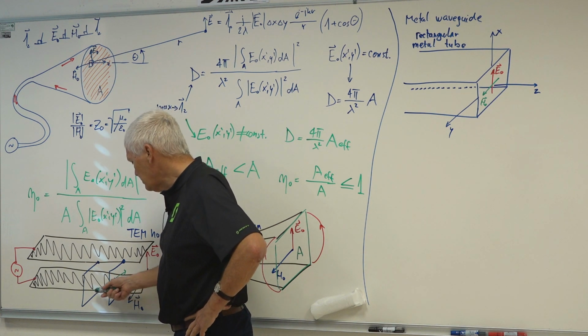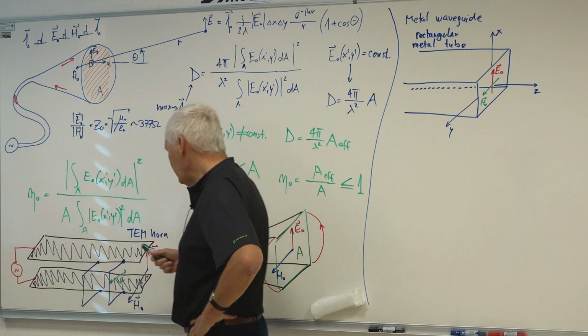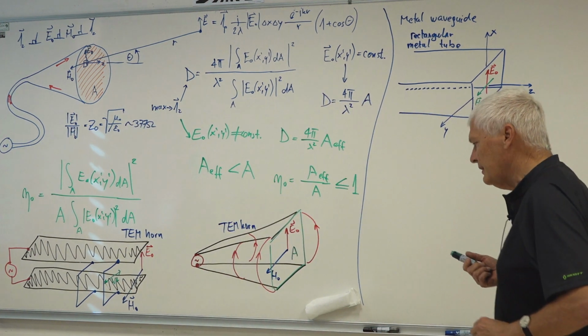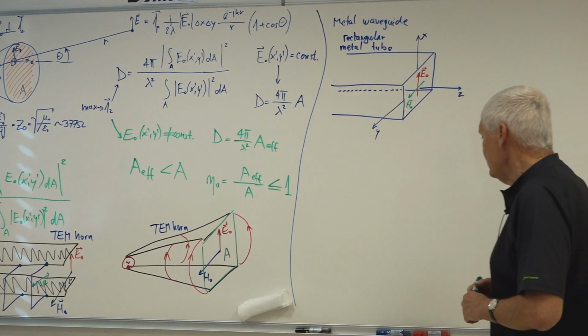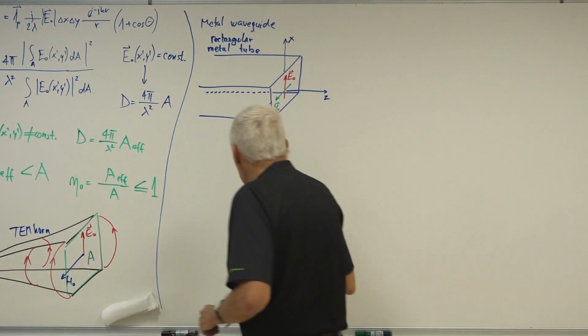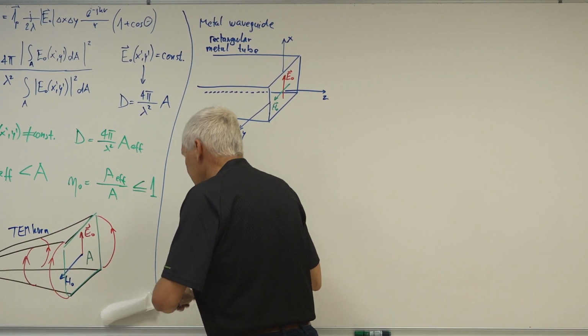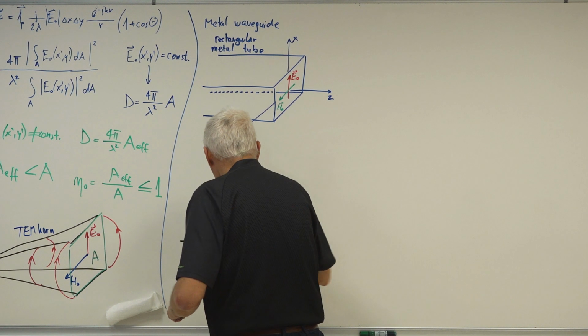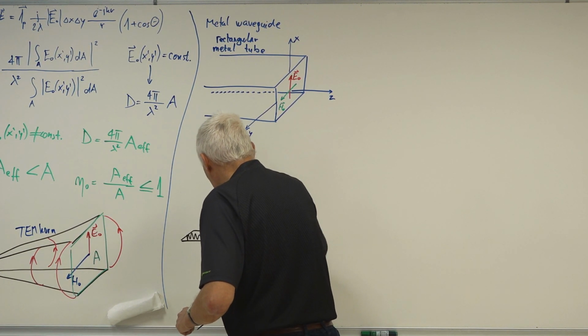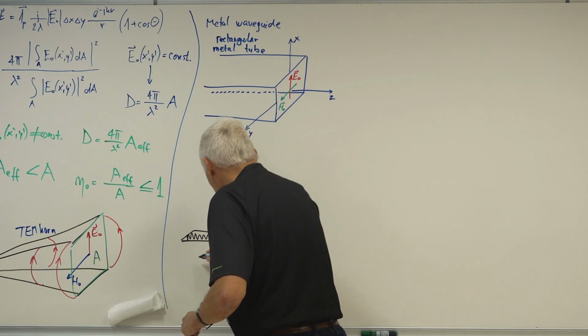So these shorts actually have no influence on the transmission of the wave inside this line if we add such shorts. And if we do this, we actually get a rectangular tube. So this rectangular tube is actually a central section of parallel plate transmission line.